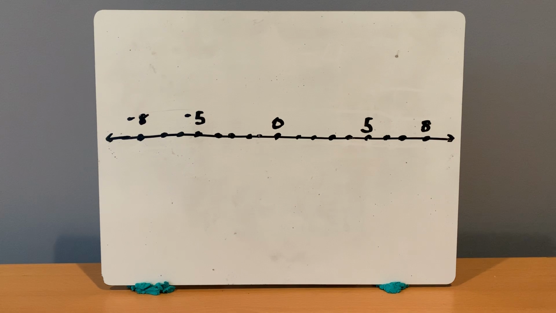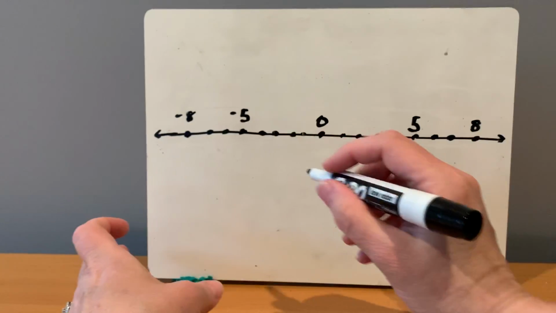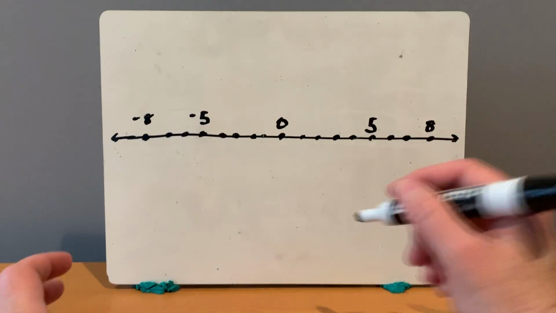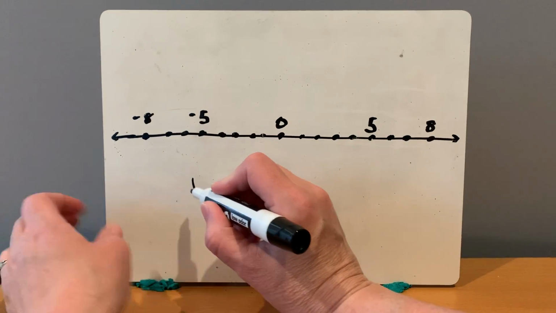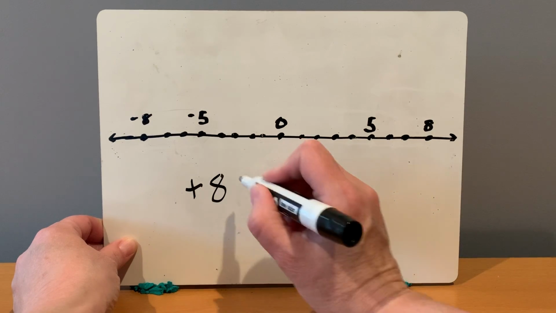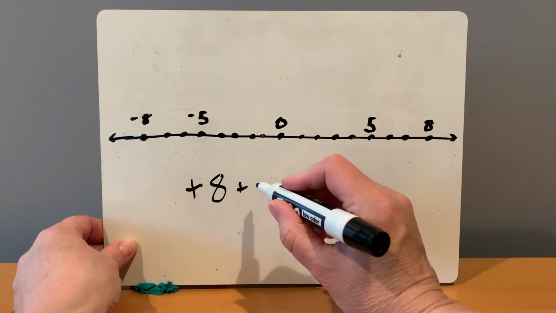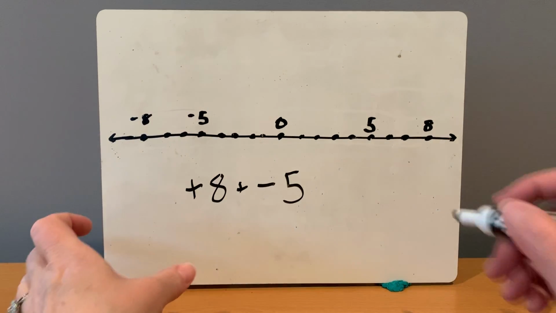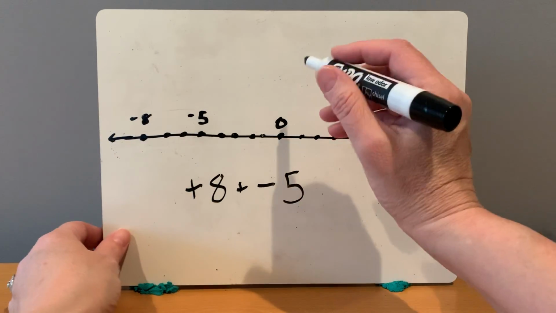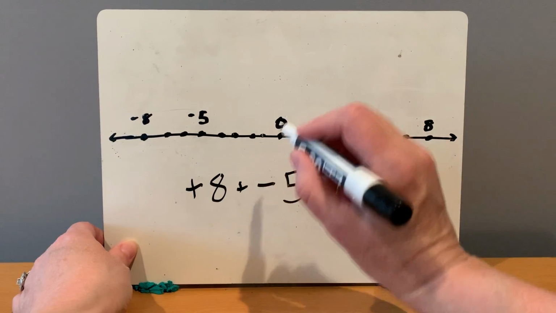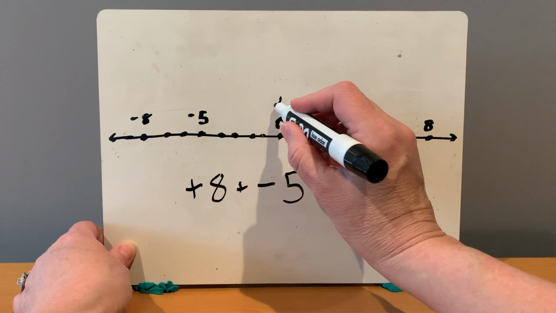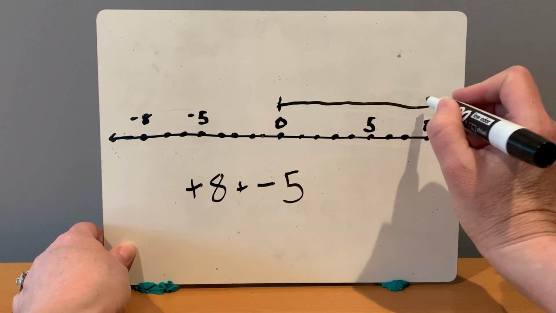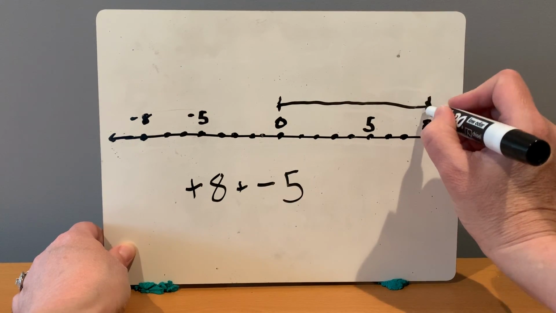Now we're going to illustrate this addition with a number line. We have +8 plus -5. We'll start at 0 and we are going to go to the right, or in the positive direction, 8 spaces. So starting here at 0, we are going to travel 8 spaces.